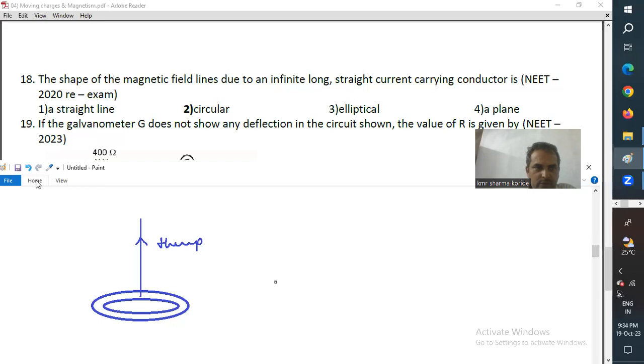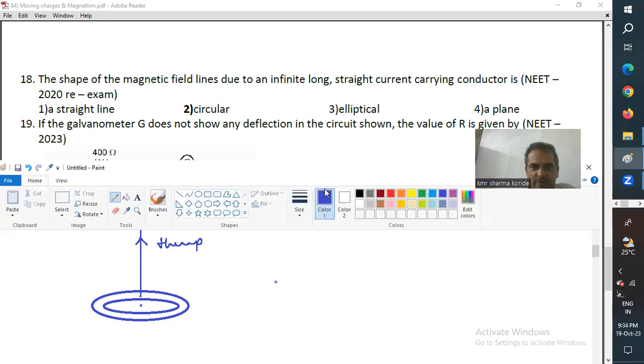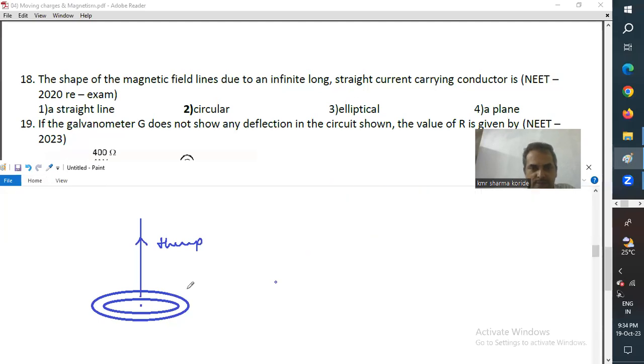This experiment can also be conducted. If you choose this particular point, the magnetic field will be in the anticlockwise direction. At this point, the field will be inwards. At this point, the field will be outward, which means coming towards your body. So the field and the current are perpendicular to each other.